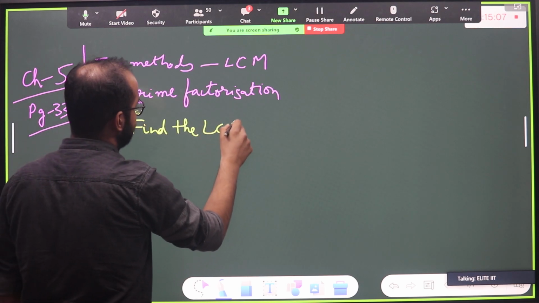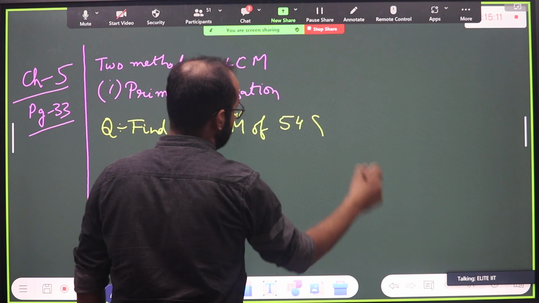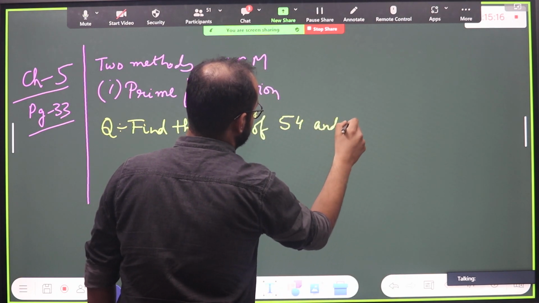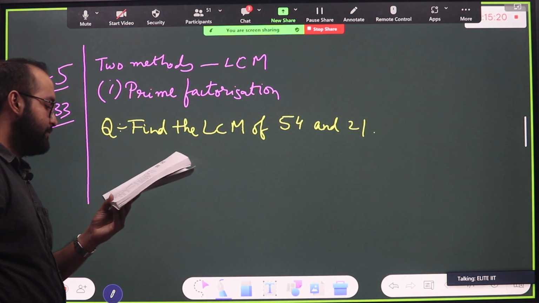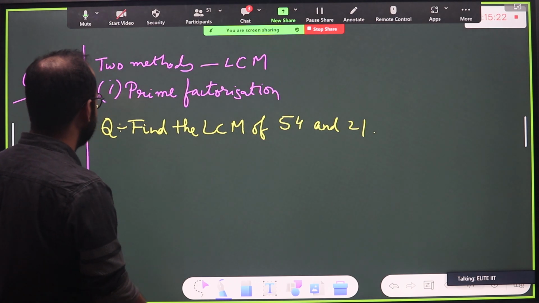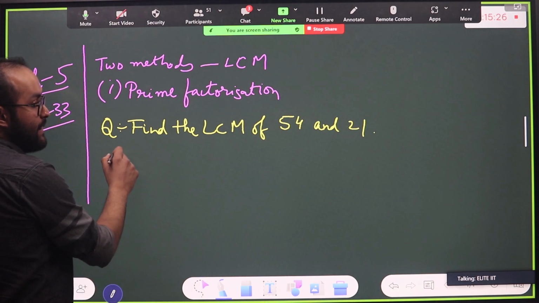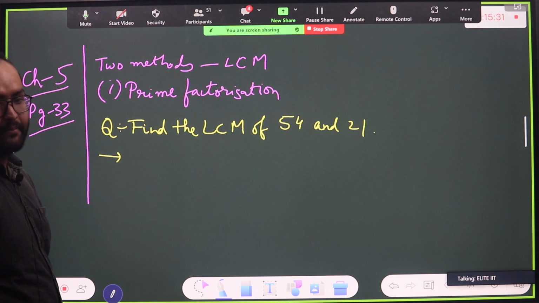It will be easier for you to understand. So in prime factorization method, what will we do? First, we'll write the numbers as product of their prime factors.